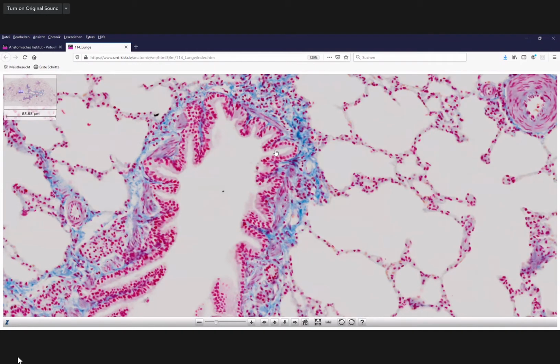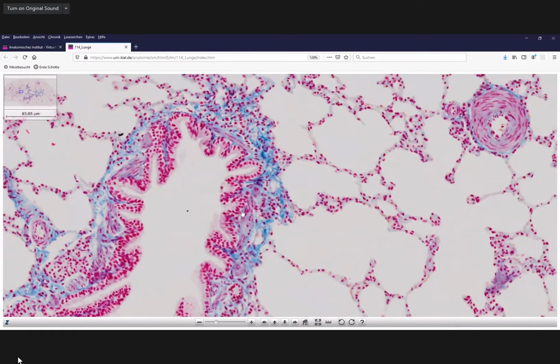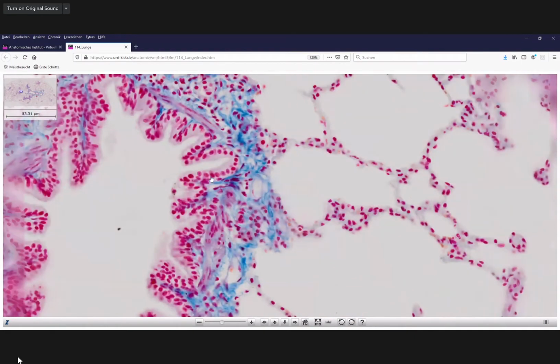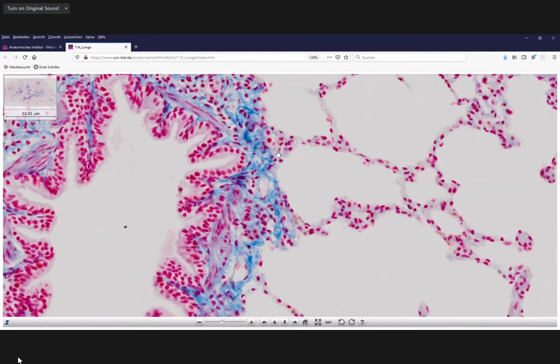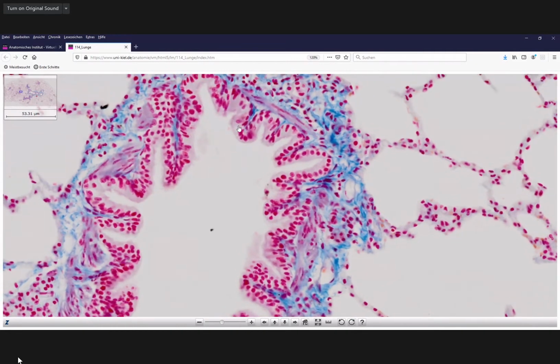And here, when you look at this, it seems to be quite cuboidal, because you can see there's one row of cells and they have round nuclei, and it might be still a little bit columnar, but it really tends to become cuboidal more and more.